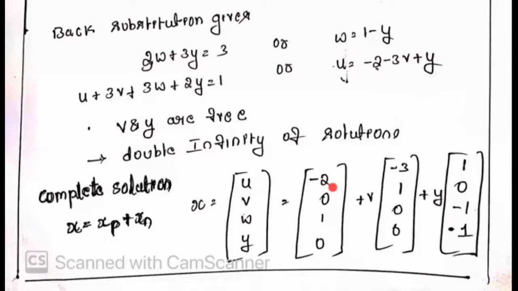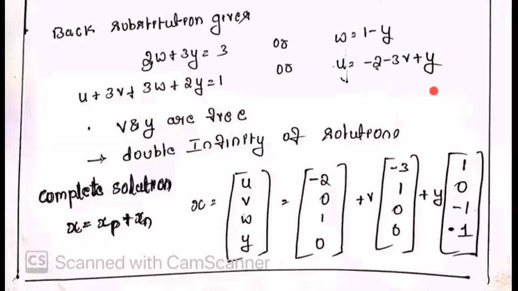So minus 2 is the constant, with v I can write minus 3, and with y I can write 1. Okay, so that is what I have written. If you multiply, you will get the same equation only: u equals minus 2 minus 3v plus y.